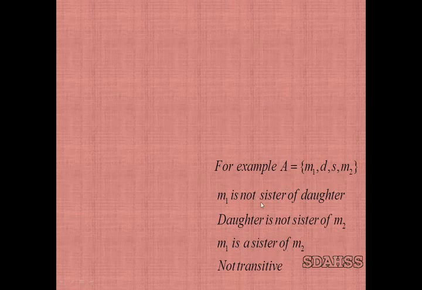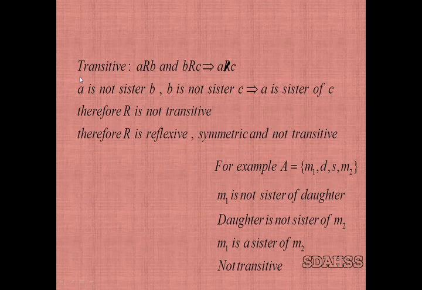So it is not transitive. A is related to B and B is related to C does not imply A is related to C. A is not a sister of B, B is not a sister of C, yet A is a sister of C. Therefore, R is not transitive. Therefore, R is reflexive, symmetric, and not transitive.